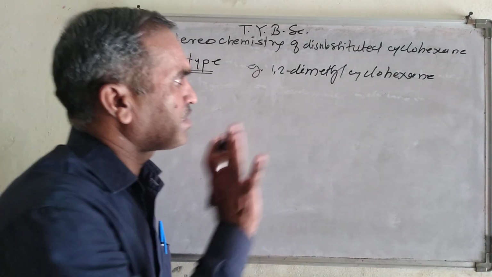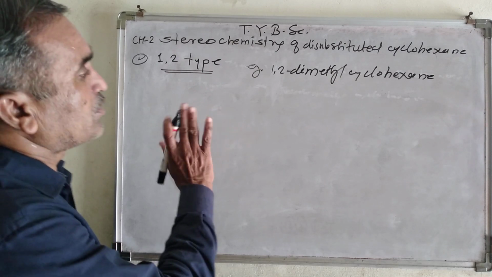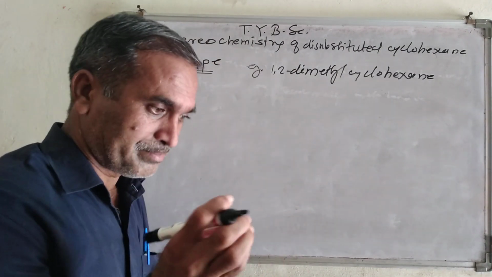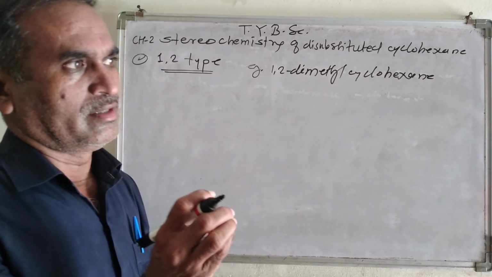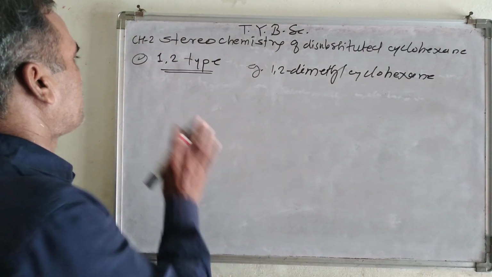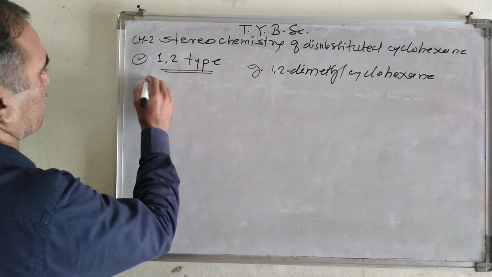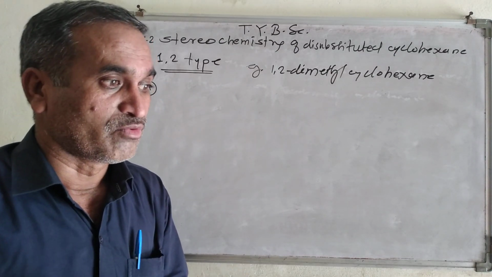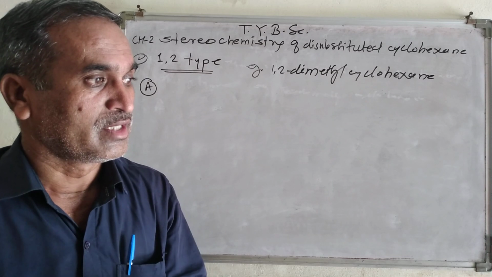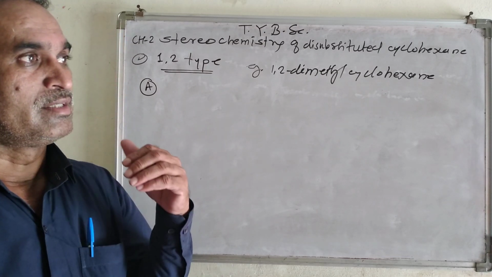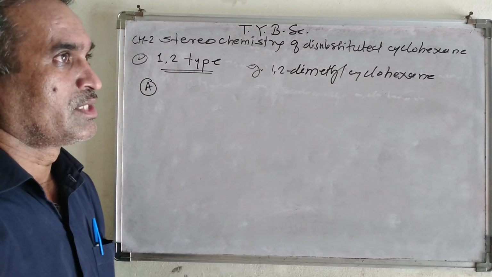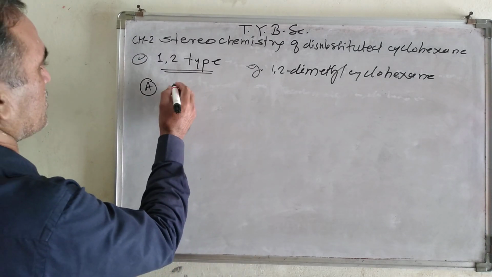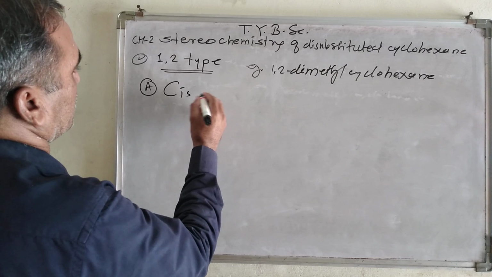Geometrical means cis and trans. Therefore we are going to consider first whether it is cis or trans. First one is cis.